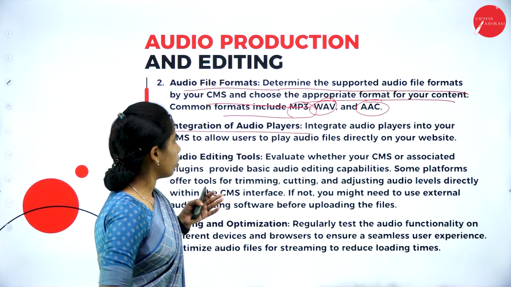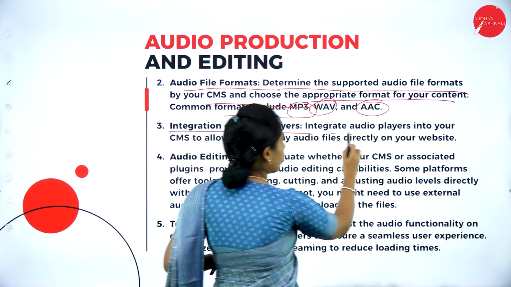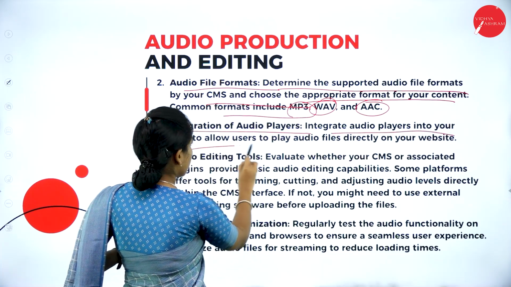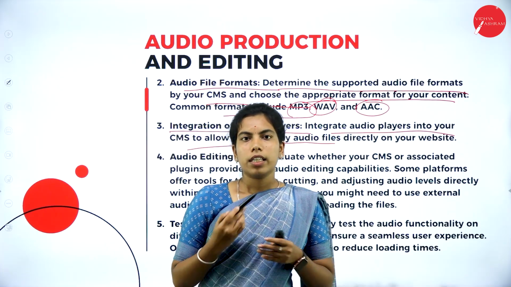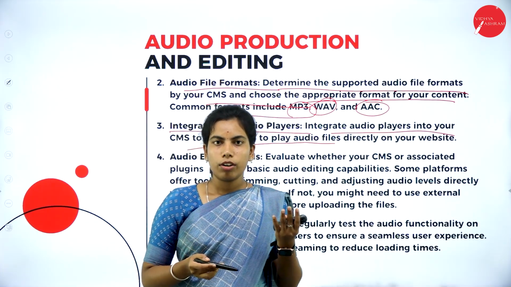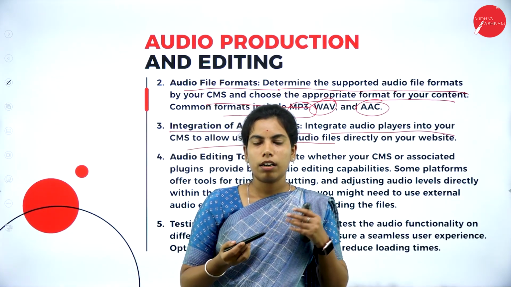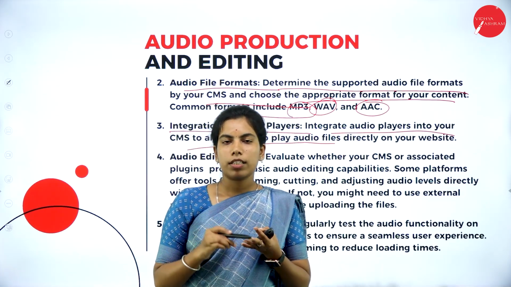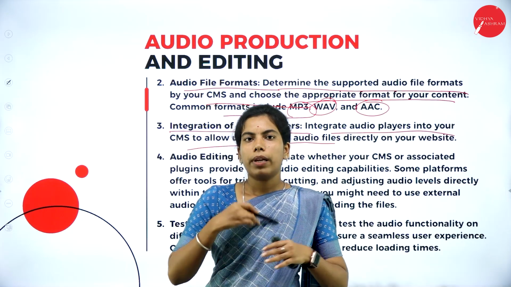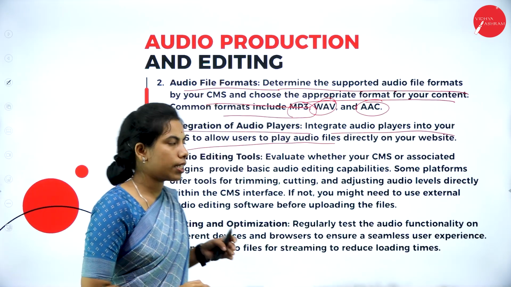Integration of audio players is nothing but integrating audio players so that your CMS allows users to play audio files directly on your website. Integration means we can integrate the audio files into some other website. For example, audio files don't only play on Instagram or only on WhatsApp. No, they will play on every platform of the CMS.